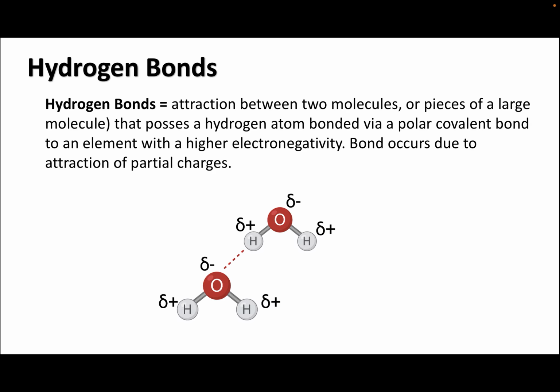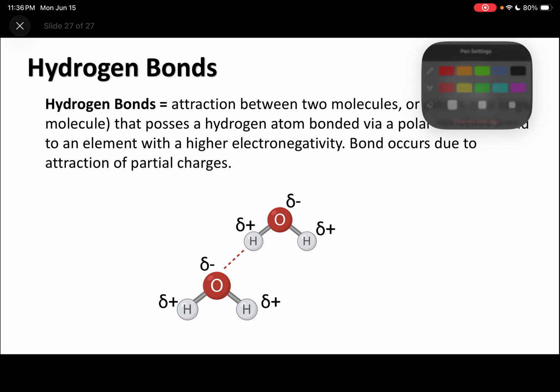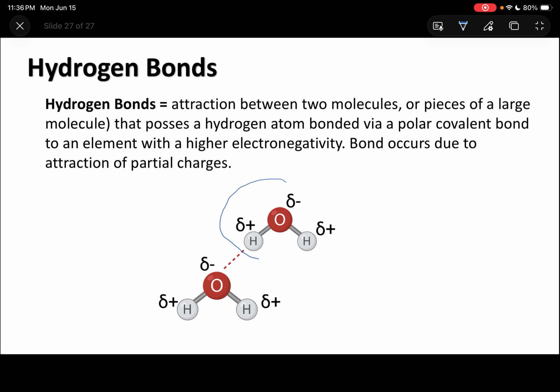So we have two water molecules right here. Let's see, here is water molecule number 1. And here is H2O number 2. So 2 water molecules. Each water molecule is held together via polar covalent bonds.